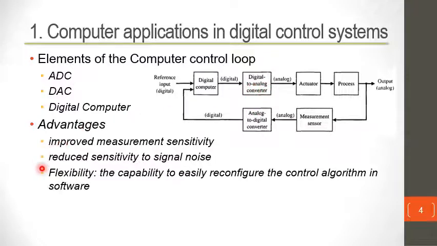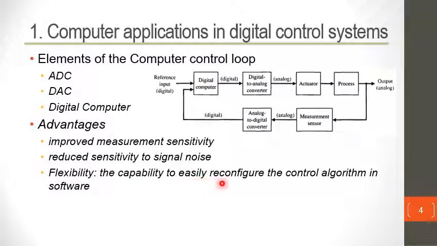The advantages of having computers within the control loop, or digital control systems, are improved sensitivity of measurement, so digital sensors can have high sensitivity, and reduced sensitivity to signal noise. There could be some intelligent sensing or signal processing that would be able to eliminate noise. Another advantage is flexibility, in the sense that the computer can be easily changed.